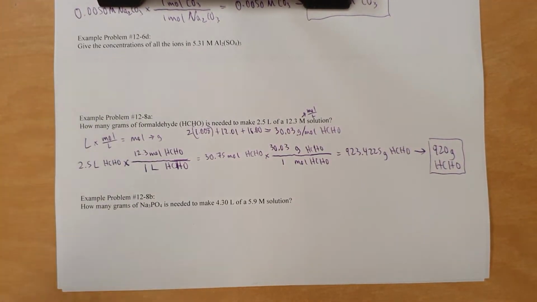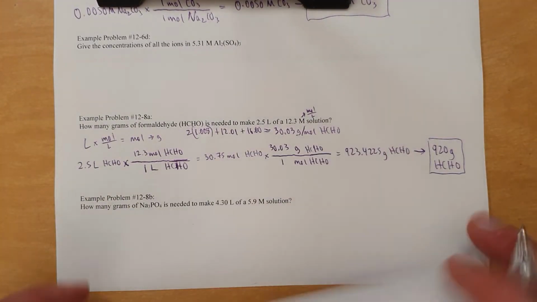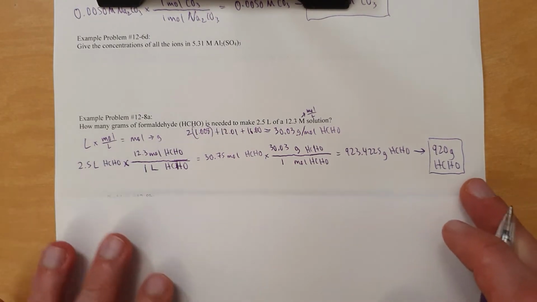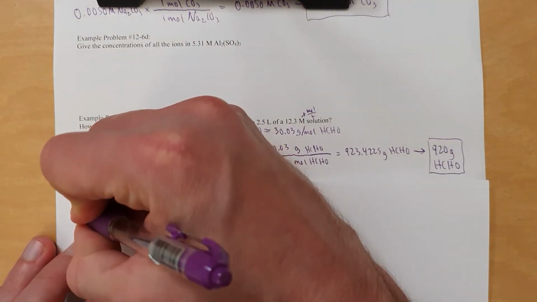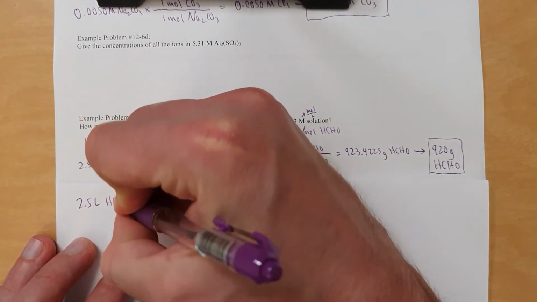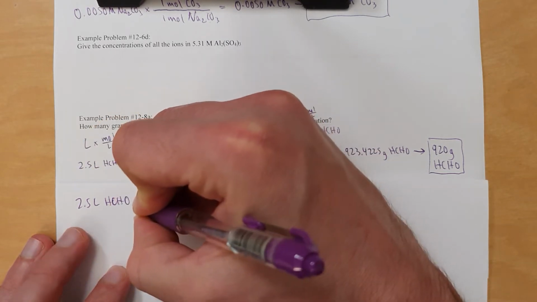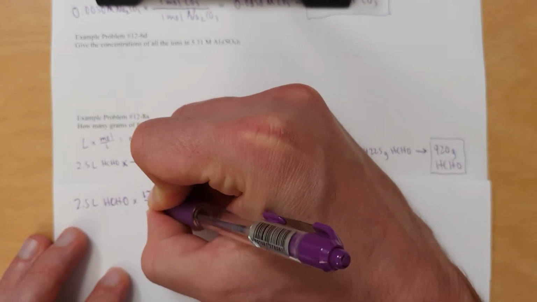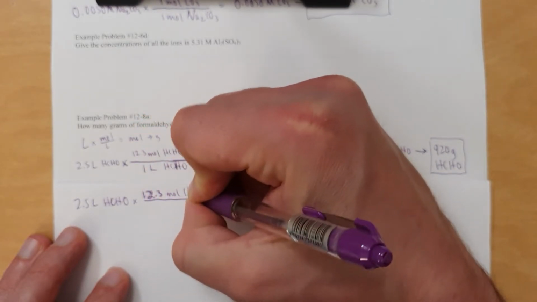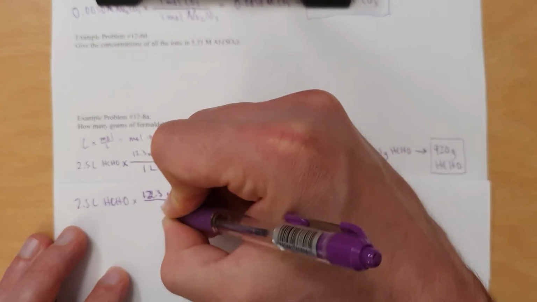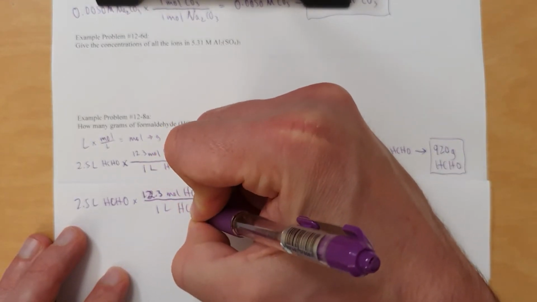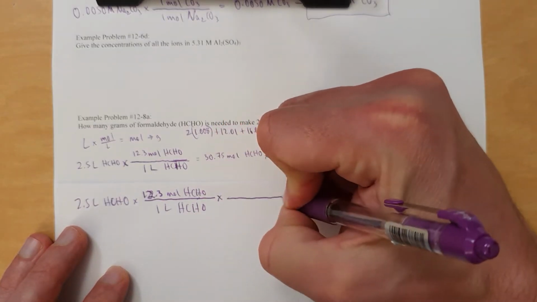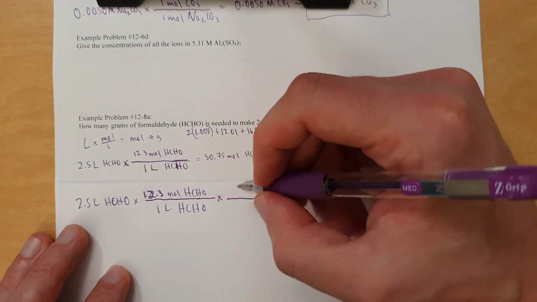Little side note, this is one of the things I was going to mention earlier. Let me fold this to get this out of the way from a previous example I did. You could do that slightly differently, because why not 2.5 liters HCHO times 12.3 mole HCHO, 1 liter HCHO. If we're going to use the grams per mole, why not just keep this equation going and do it all in one step without writing down this intermediate answer?